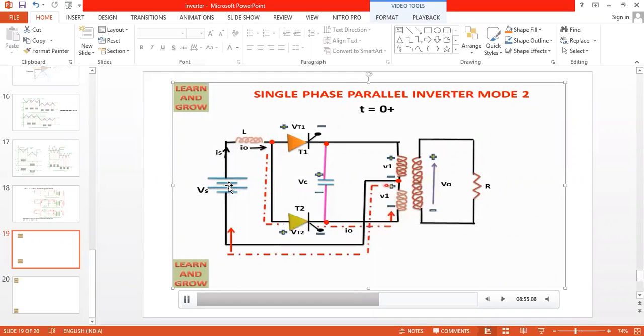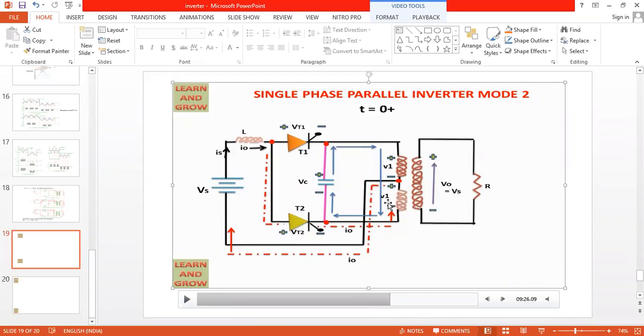When the supply is on, the direction of the current starts from Vs plus to the inductor, inductor to SCR T2, and from T2 to the lower winding, you can write L1 or LW, lower winding to the common point or center tapped point O, and from O back to the negative terminal. So current always flows to the negative. You can see the current is flowing in one direction in mode 1, and in the reverse direction in mode 2. So this is what we write in mode 2.